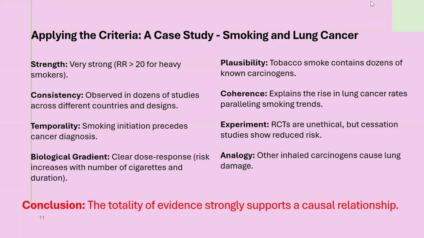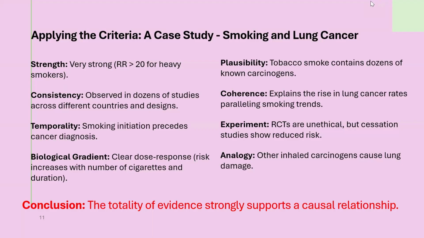I can't remember exactly, something like pack years, where someone smokes 20 sticks a day for 1 year or 10 sticks a day for 2 years. So the number of cigarette sticks one smokes per day and the duration of the period that the person smoked is strongly related to the development of lung cancer.